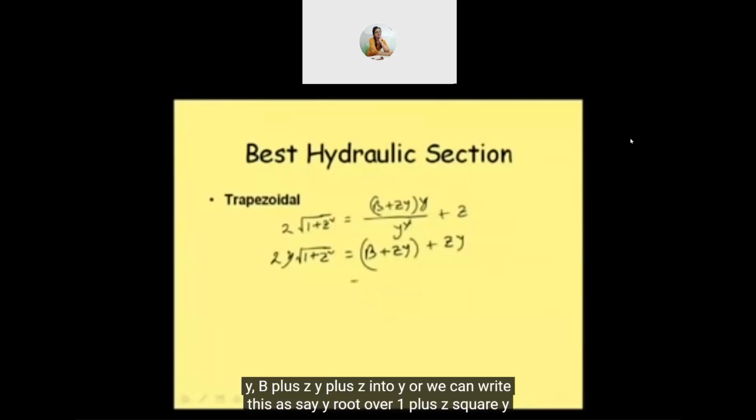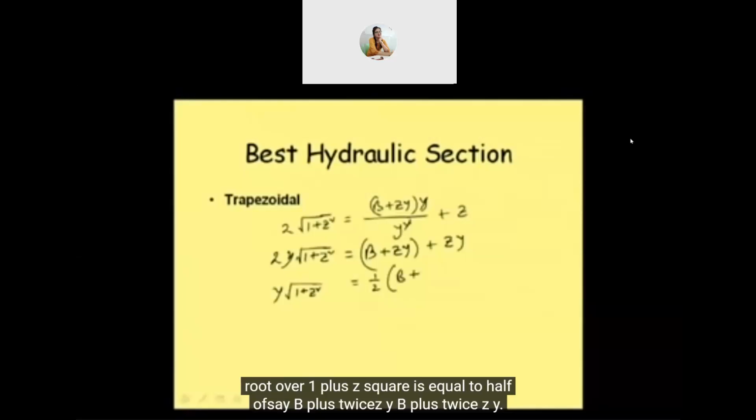Or we can write this as Y root over 1 plus Z squared is equal to half of B plus twice ZY.